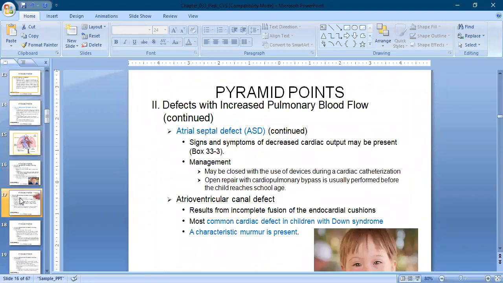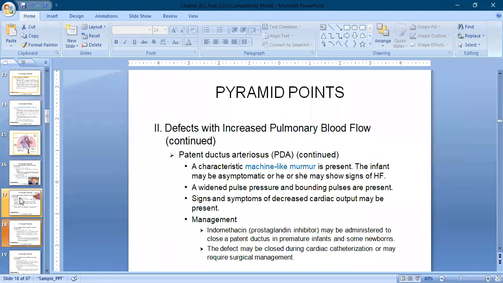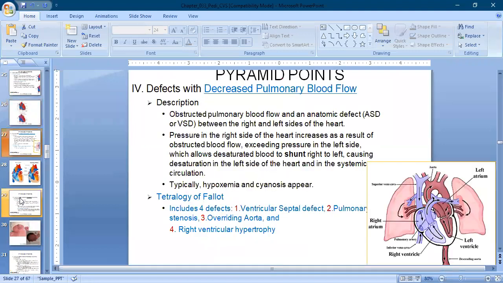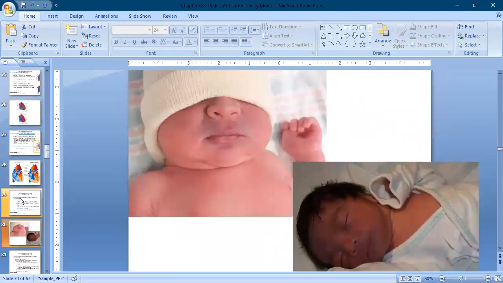The patient develops hypoxia, right? And if the patient has hypoxia, the patient develops cyanosis. You can see in this picture, blue discoloration around the lips or tip of the nose, tip of the finger or hand. So cyanosis is the most common sign of hypoxia.